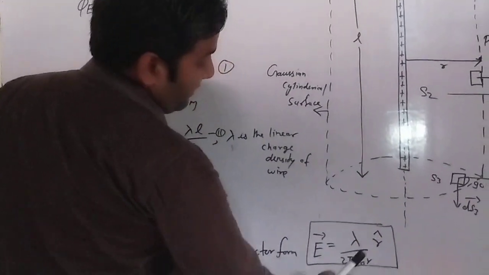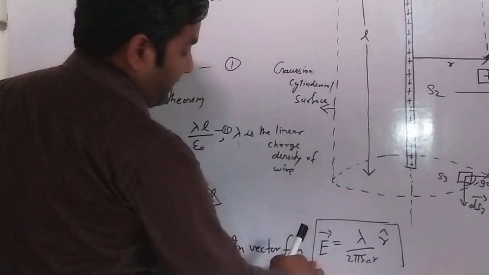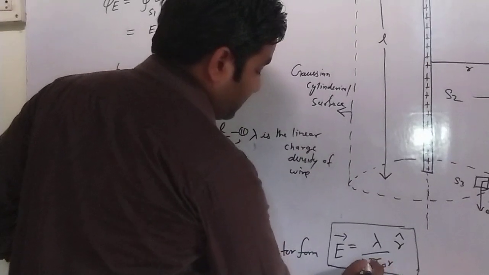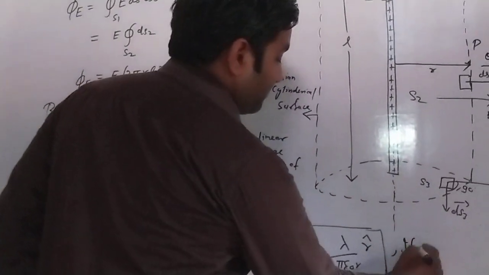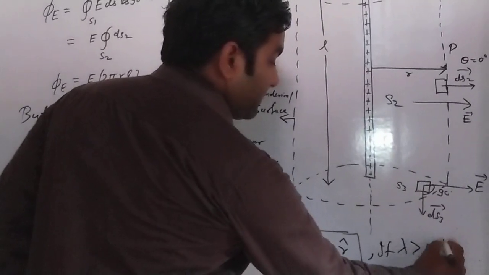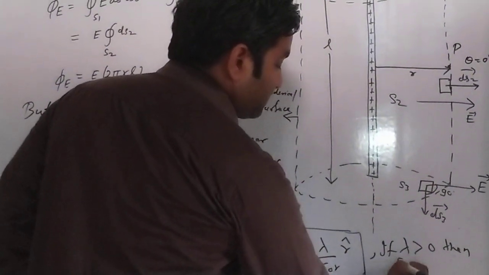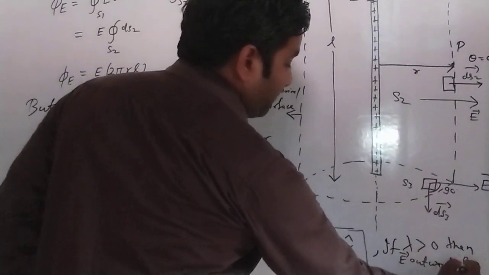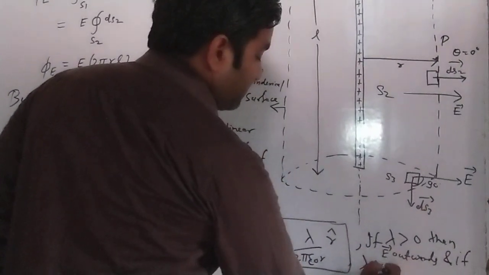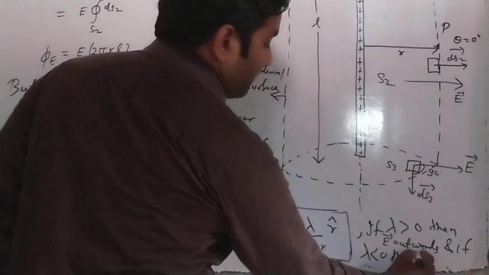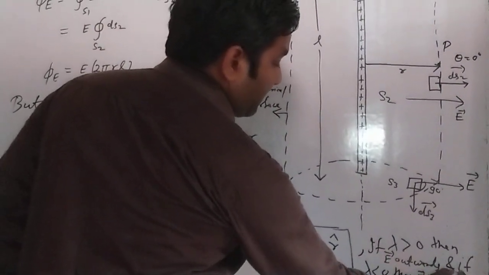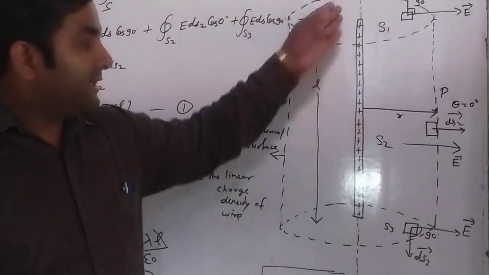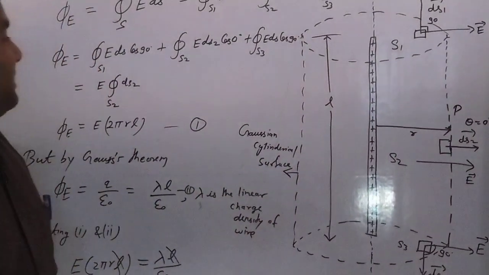And one thing remaining: if lambda is greater than 0, just like the positively charged wire, then E is outwards, and if lambda is less than 0, then E is inwards. Why inwards and outwards? Positive charge means electric field lines always move outwards, and negative charge means electric field lines move inward. Very simple concept.